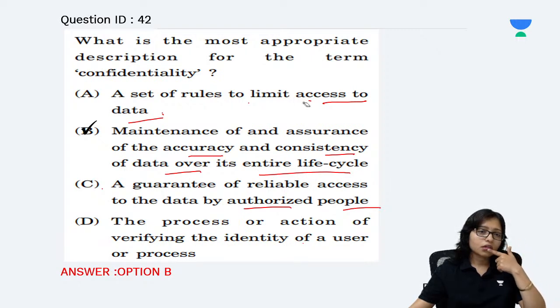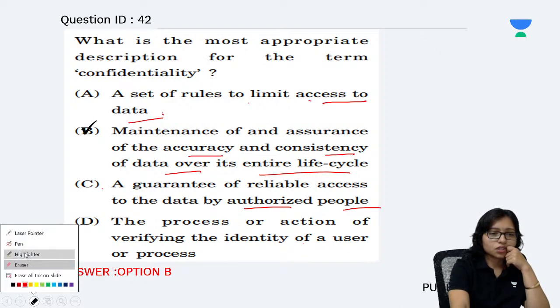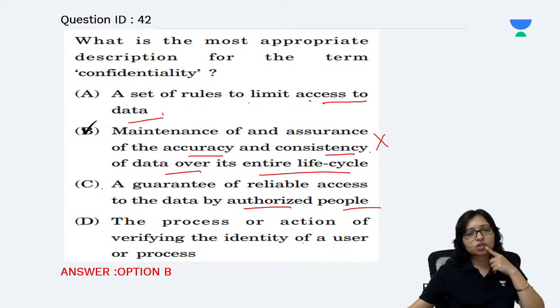Guarantee of reliable access by authorized people. The maintenance and assurance of accuracy is not it. This limit of access to the data is also not it. The process of verifying and identifying the user, that is authentication.